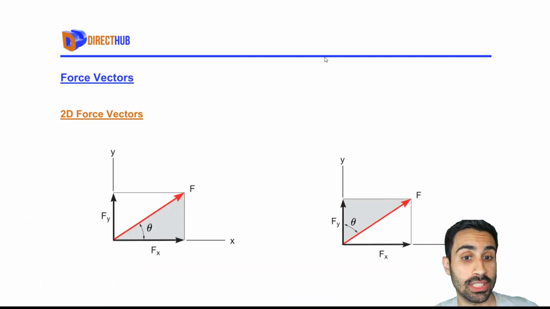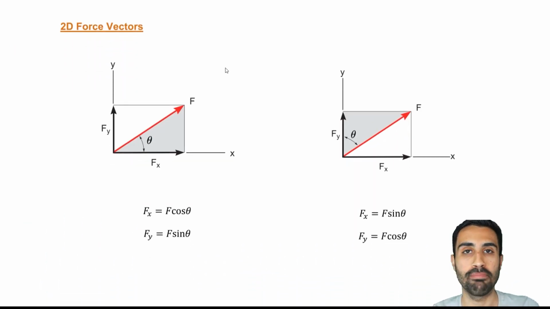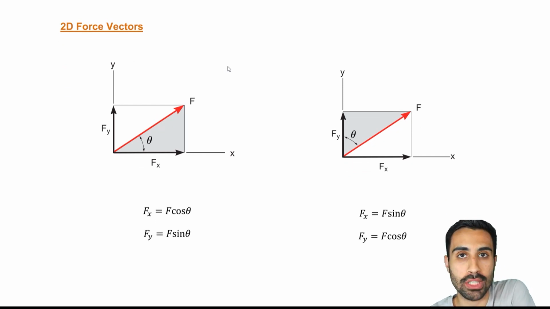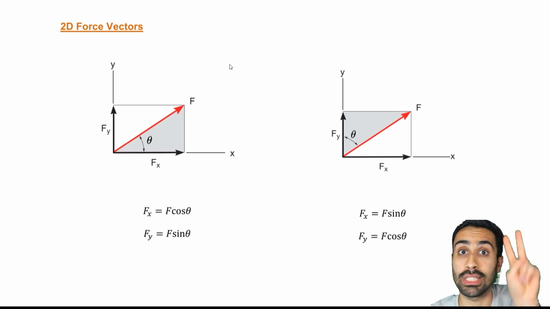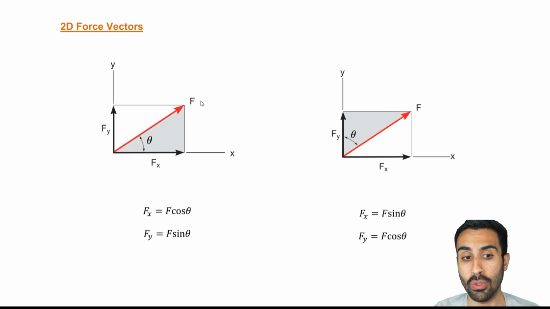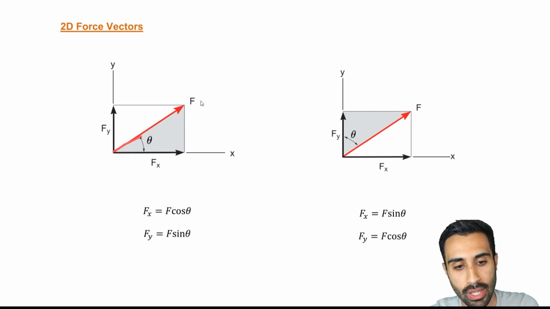2D force vectors. So let's say we have a force magnitude in 2D. 2D meaning it's only in the x direction and y direction. X direction we denote as the i component, and y direction we denote as the j component. So we know, let's say we have a force, and a force, we know it's a vector. It acts like a vector, and that's the one shown in red here.